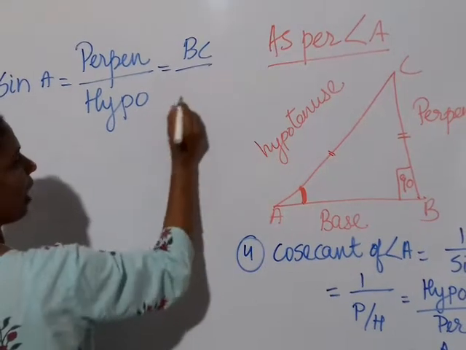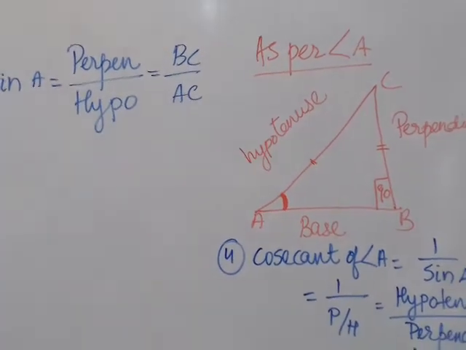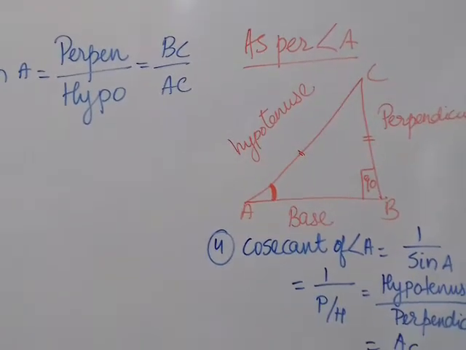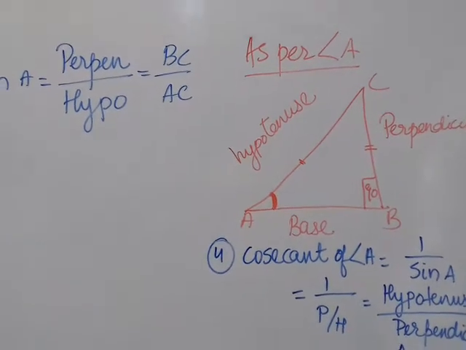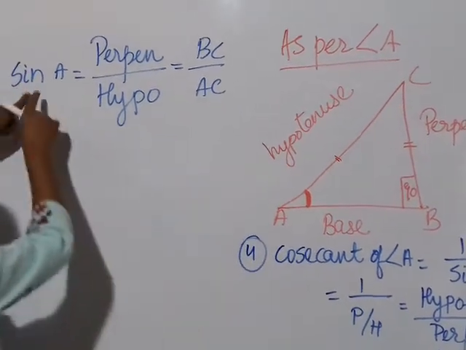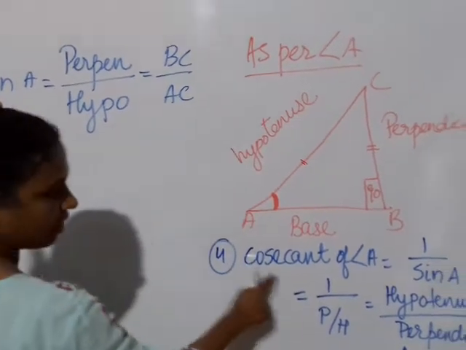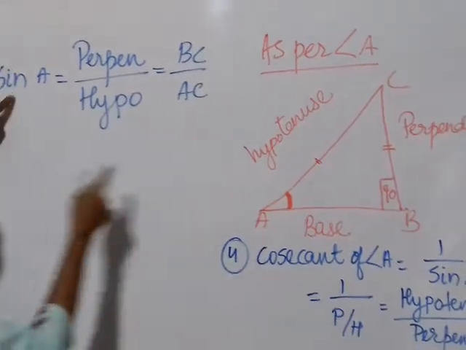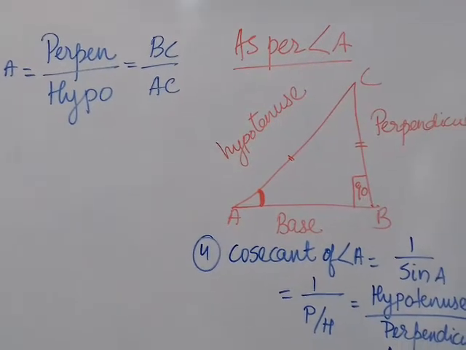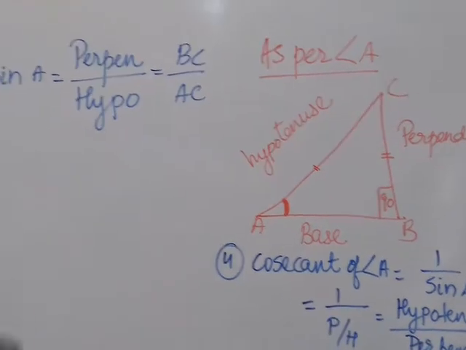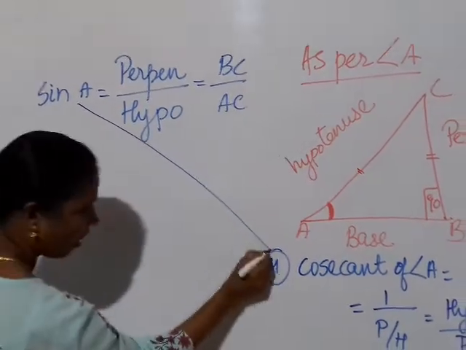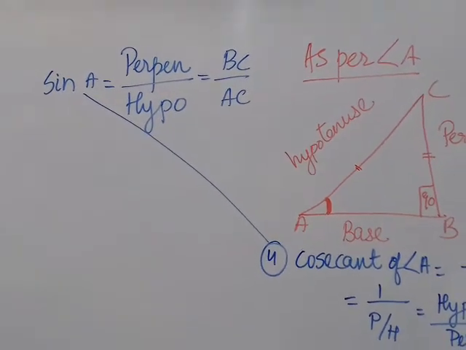BC divided by hypo, AC. BC by AC. Isn't it? So sine is perpendicular by hypo, but cosecant is hypo by perpendicular. So for sine, just reverse it and you will get cosecant.